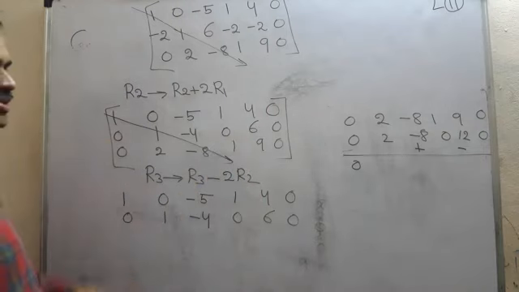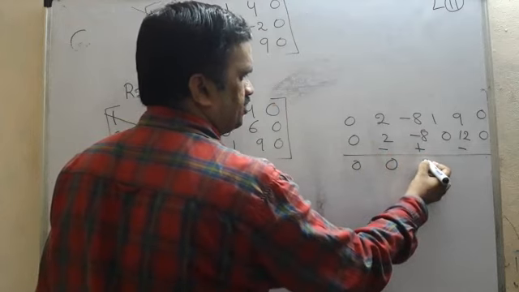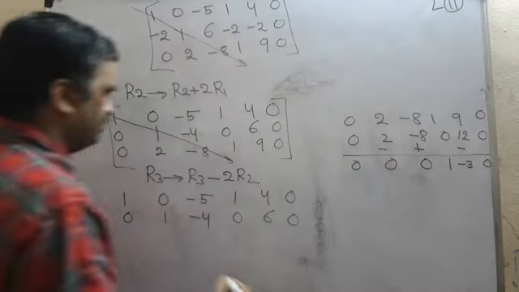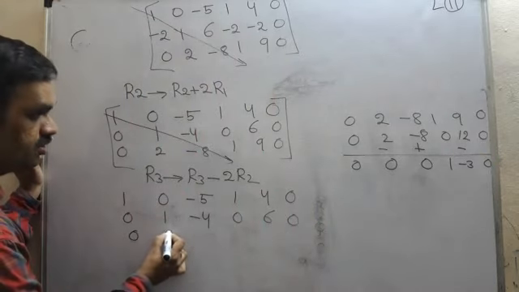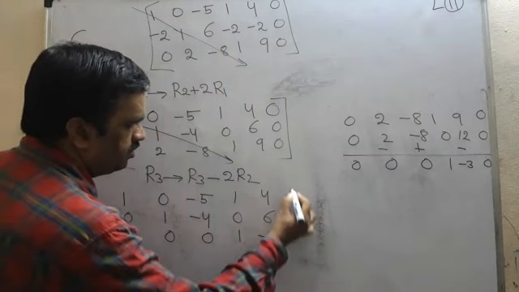Yes, now we are doing subtraction. Minus 0, minus 8 plus 8, 0, 1, minus 3, 0. Come on, write as this: 0, 0, 0, 1, minus 3, 0.